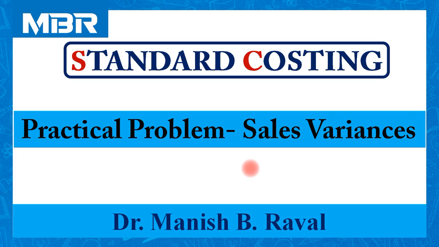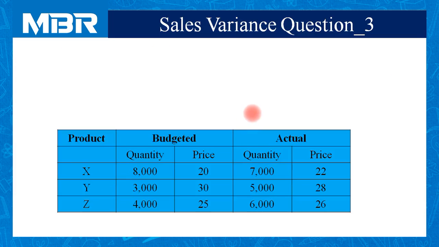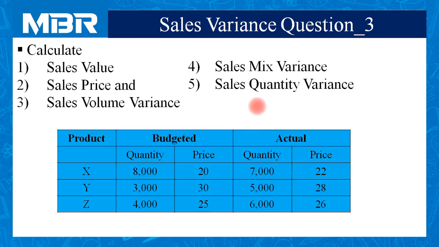As you all know, in sales variances, we need to calculate 5 different variances. That is sales value variance, sales price variance, sales volume variance, sales mix variance, and sales quantity variance.